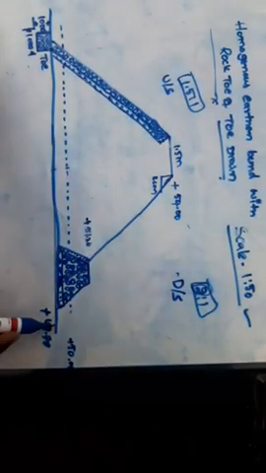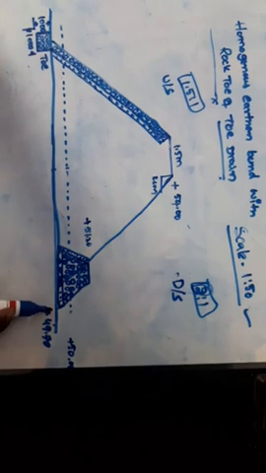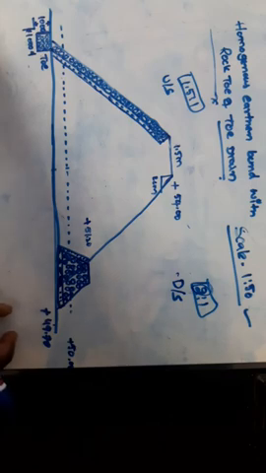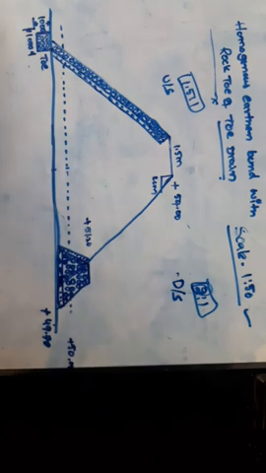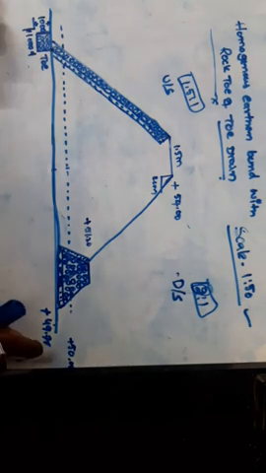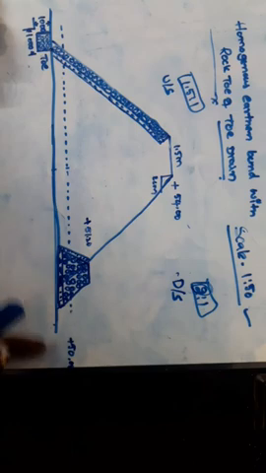This is the level 49.70, stripped ground level. The bottom level of toe drain is 49. We have to draw the toe drain below the stripped ground level.